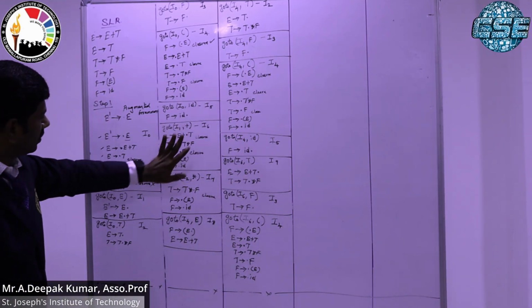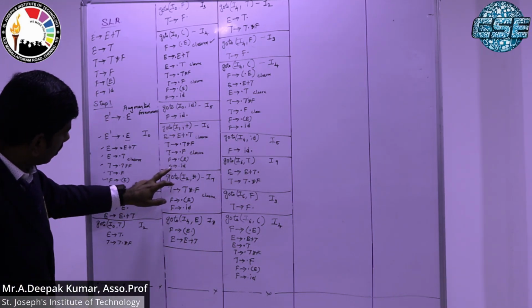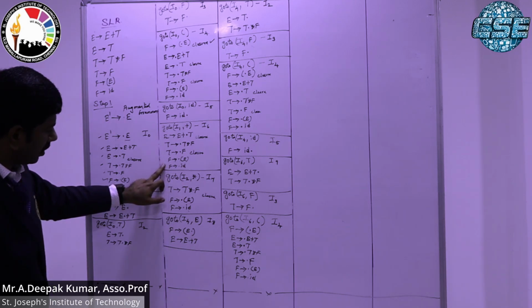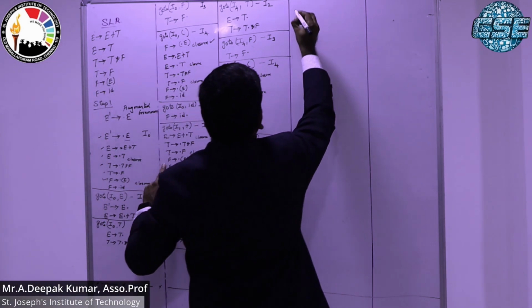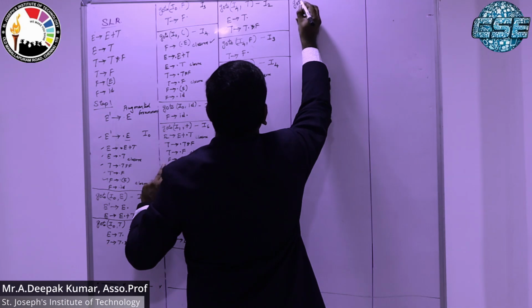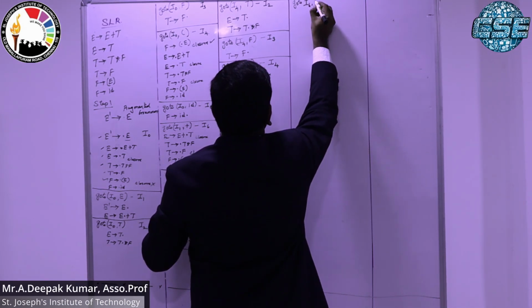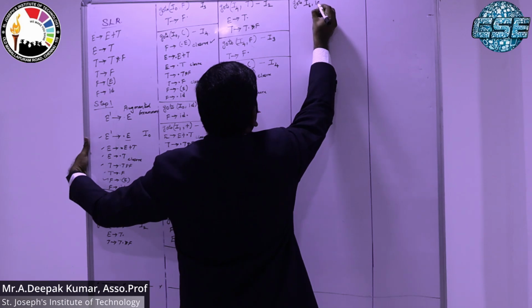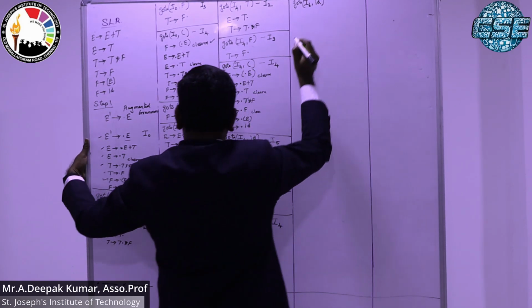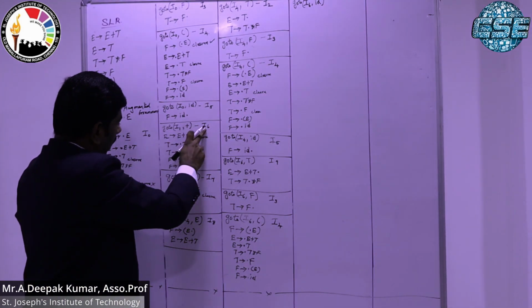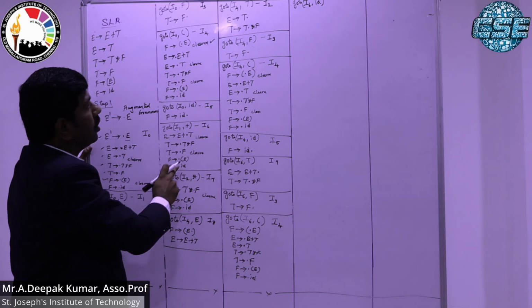Now I am done with I6. No, we have left out F derives id. So we'll go to of I6 comma id.